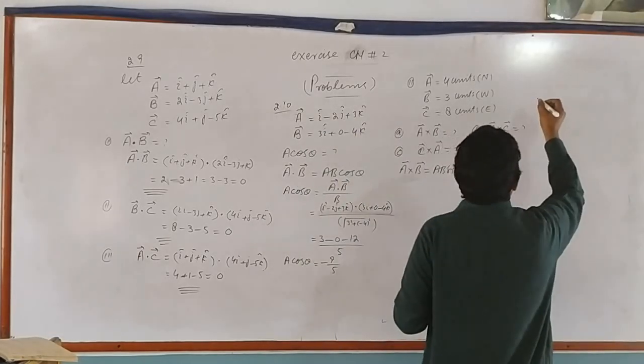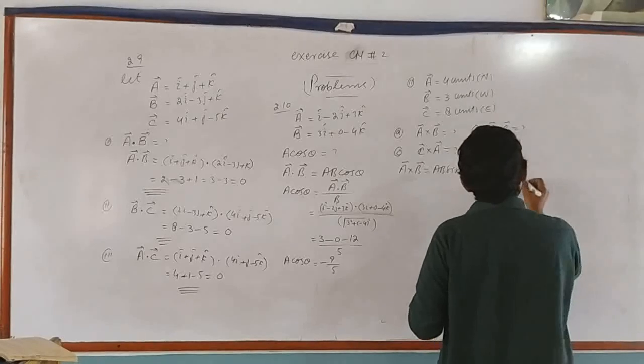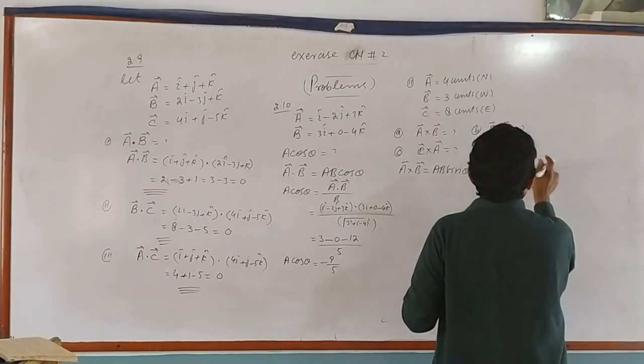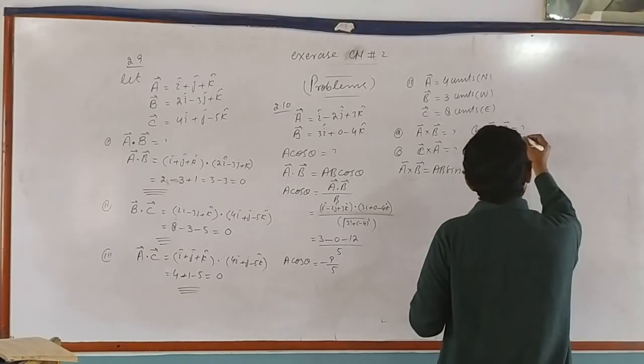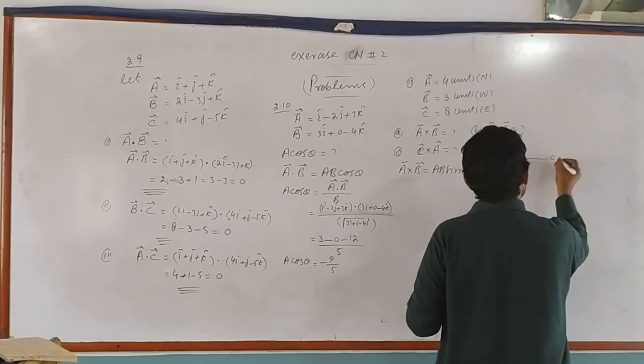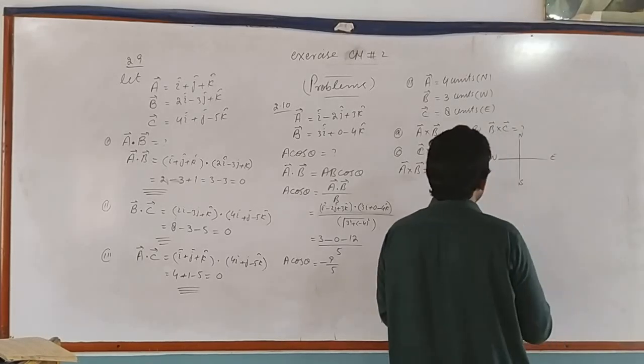We know that direction indicators are basically two perpendicular lines which always represent north, south, east and west direction.